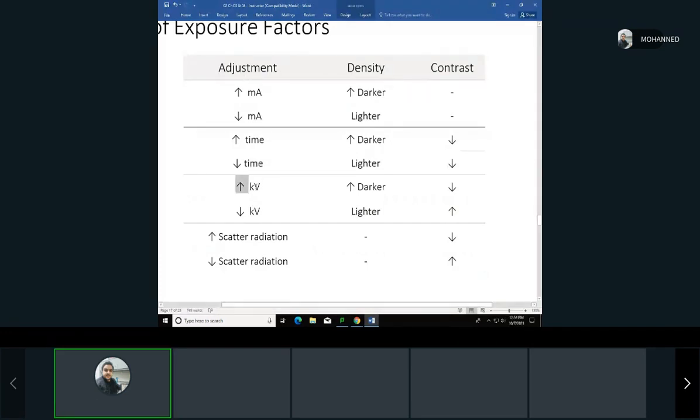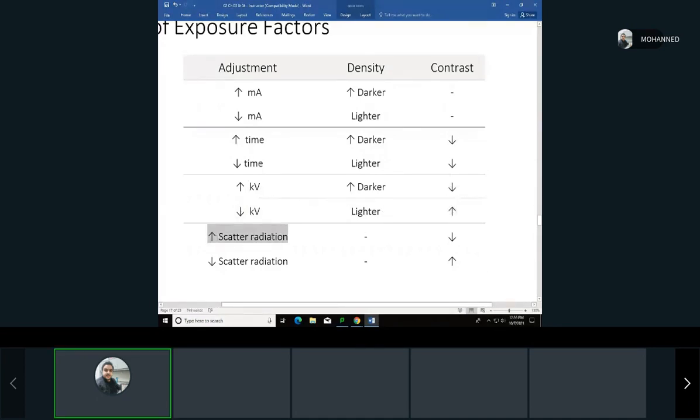Same thing with the kilovoltage. If you increase the kilovoltage, you still have a decreased contrast, okay? Because we hit it with too much power that we didn't get just enough power to get these details that we want. If we reduce the kilovoltage, so it's an inverse relationship with the voltage.